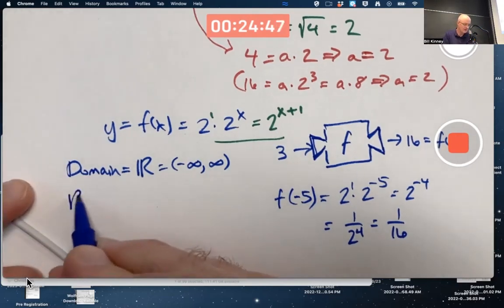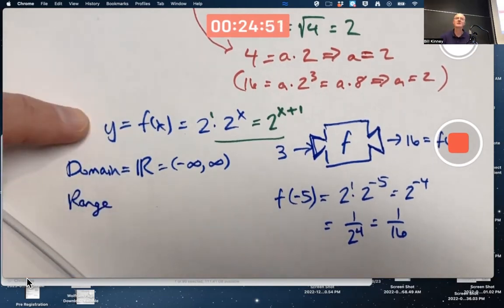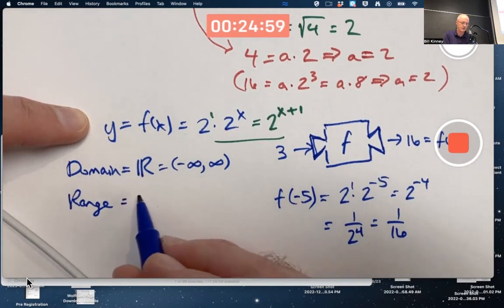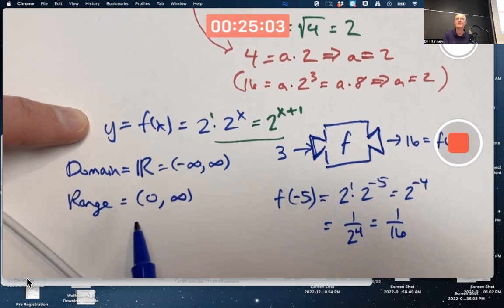What's the range of this? What are all the possible outputs of this function? Exactly, any number greater than 0. You could write that with interval notation as the open interval from 0 to infinity. Notice there's a parenthesis by that 0. 0 is not a possible output of this function.